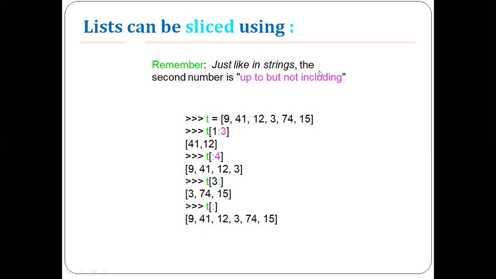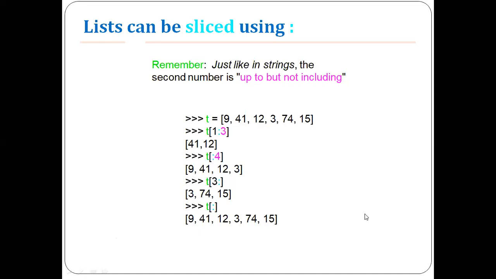Just like in strings, the second number is up to but not including, right? Slicing in the case of strings, what you have done is that within the brackets we have specified something called n colon m. N is the starting index from where you have to start slicing, where m is nothing but the index where you're supposed to stop the slicing.